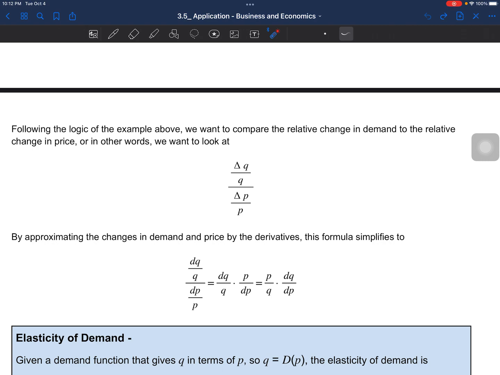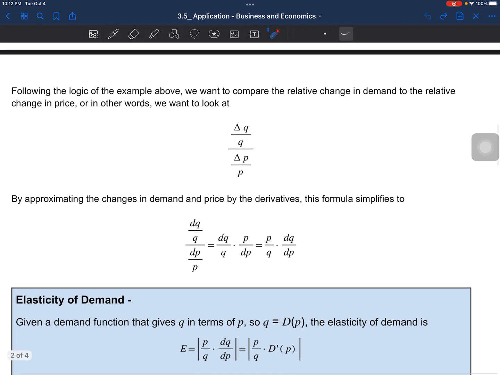So that's going to give us, if we think about that as an approximation, the changes in demand and price by the derivatives, right? If we think about that as a derivative, it almost feels that way.